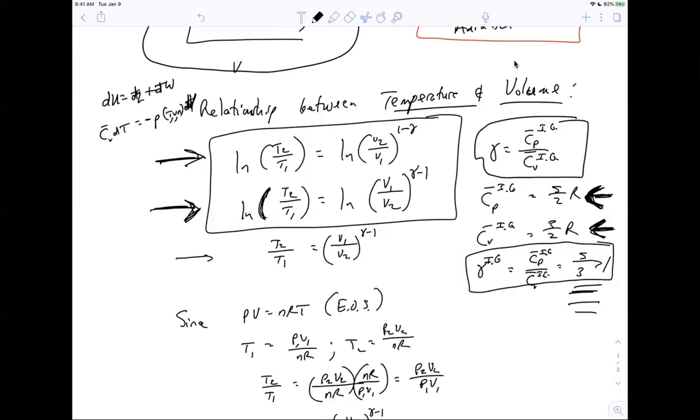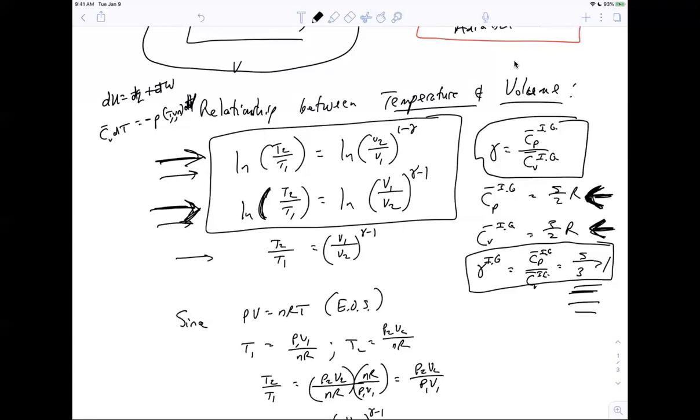We see that it's greater than 1 right here. Okay, and so these are the expressions we have for our relationship between temperature and volume related through gamma. Since we have the log of something on the left and the log of something on the right, if the logs of two things on either side of an equal sign are equal, then the things in the arguments of the log are equal.